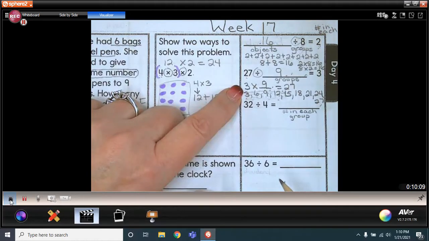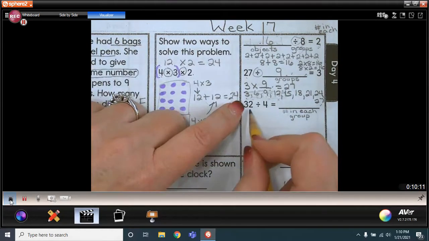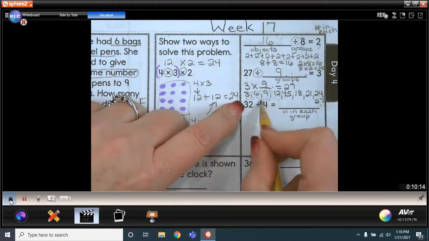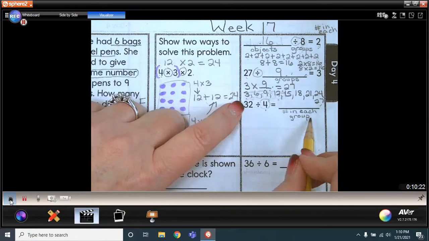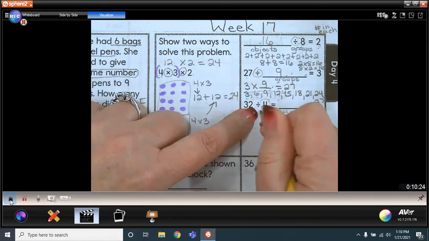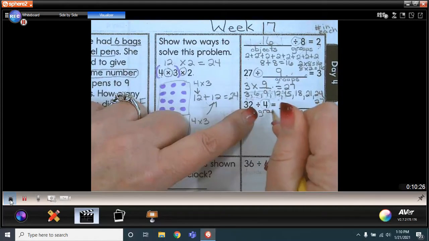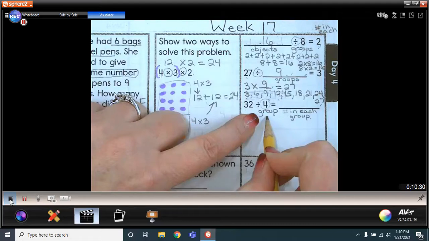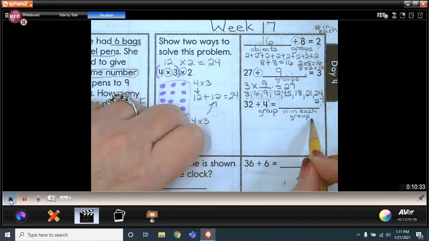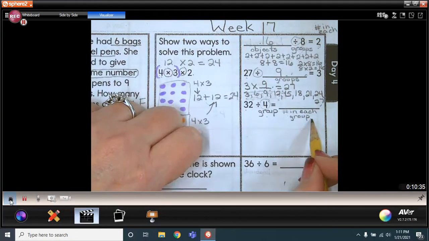Here we have 32 objects. We can either say I'm going to put 4 in each group, or I could say 4 groups. Whichever one you decide, it's going to be the opposite. So in this case, if I say I've got 4 groups and I'm going to put these objects shared equally into these 4 groups, I'm going to end up finding how many is in each group.